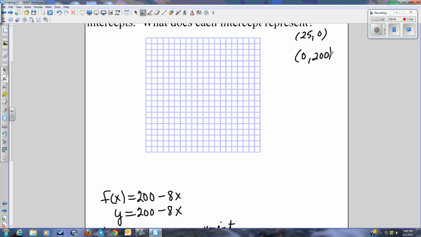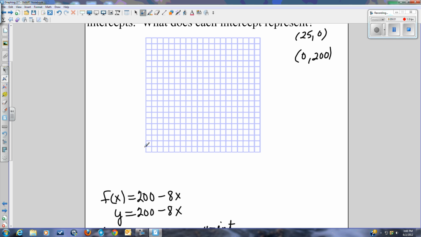Now the thing is, we're probably going to have to use a little bit different scale on this. So we may have to go up, say, by 25s, for example.